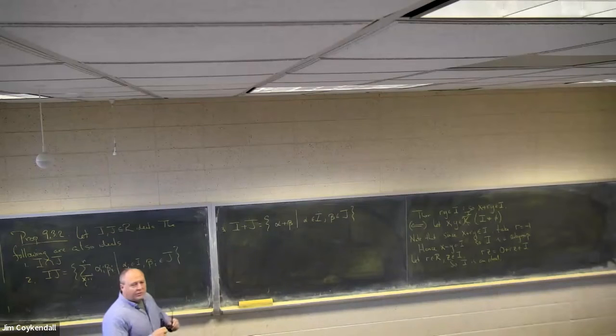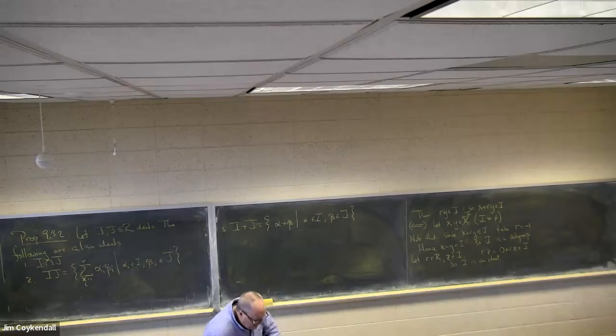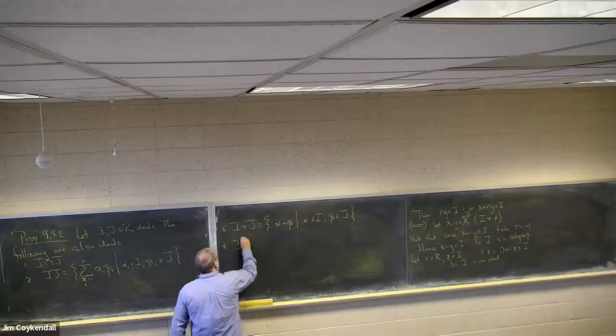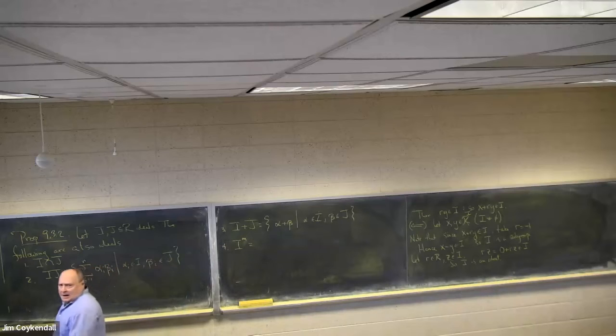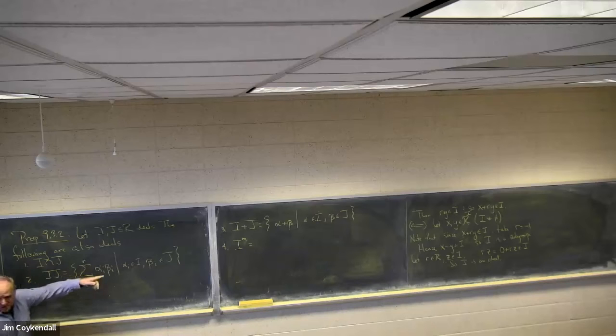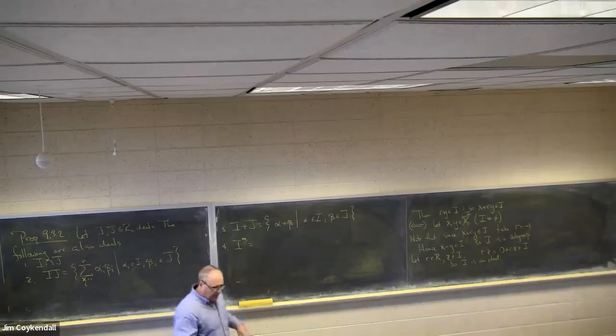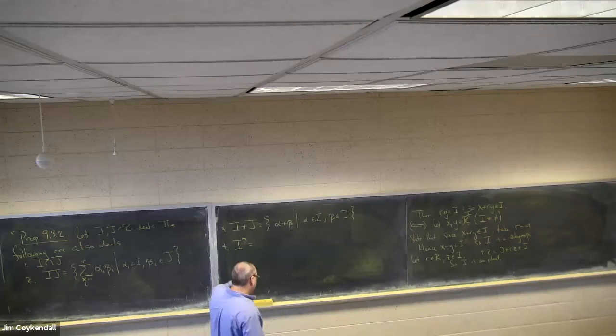We've already shown that this works. I squared would be taking J to be I. And then this goes by induction here. This is probably not too surprising. This is the set of sums.